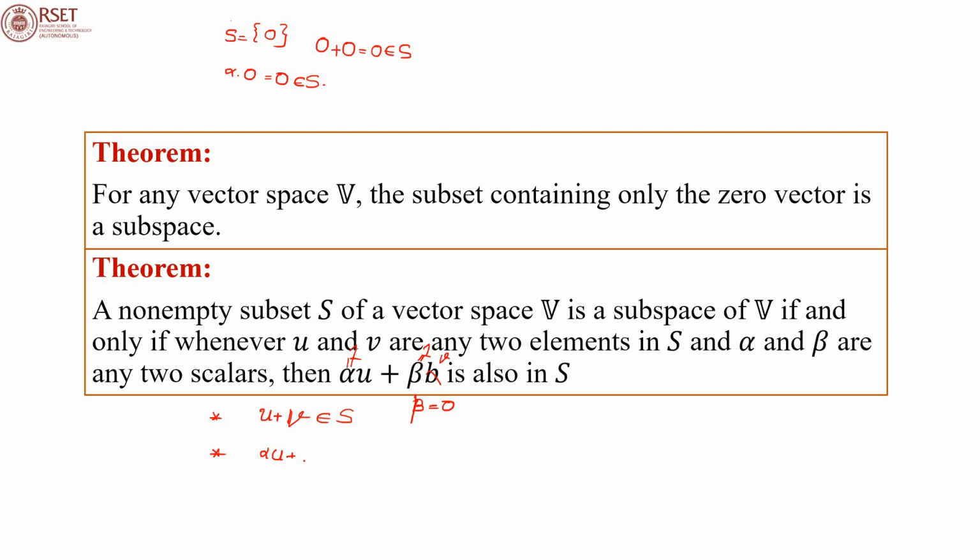Alpha U plus 0, that is equal to alpha U, belongs to S. So these two conditions are actually a particular case of this theorem. So in order to prove that a set is a subspace, it is enough to prove that for any two scalars alpha and beta and any two vectors U and V belonging to S, alpha U plus beta V belongs to S. This is another way of proving that a set is a subspace.